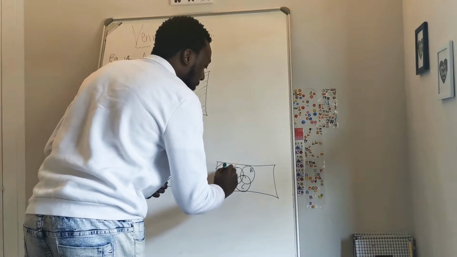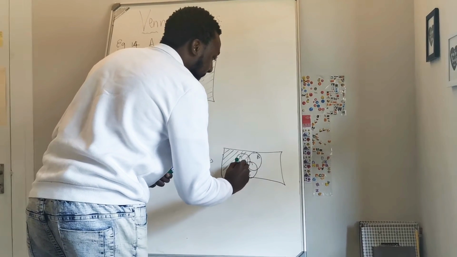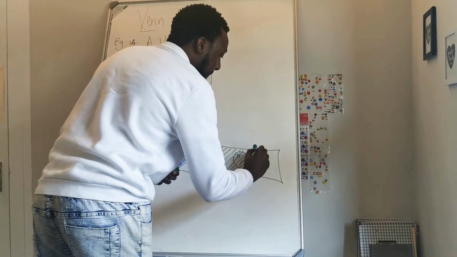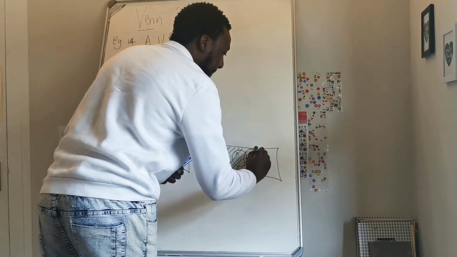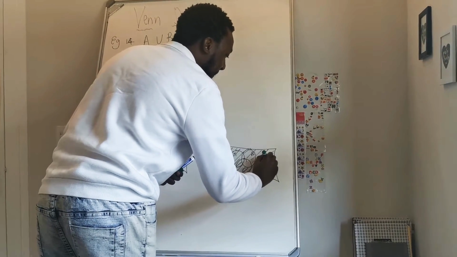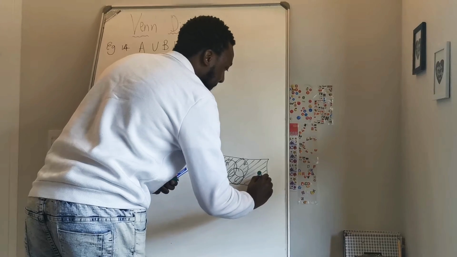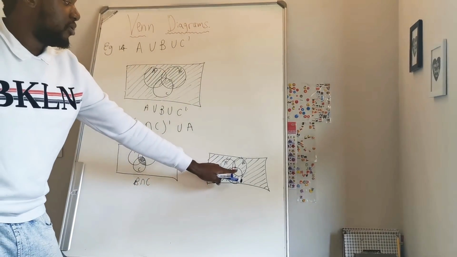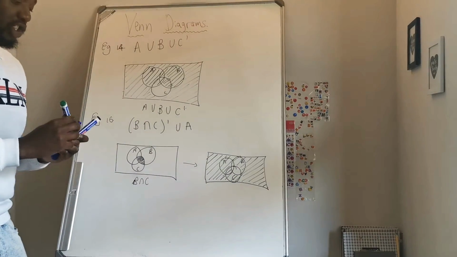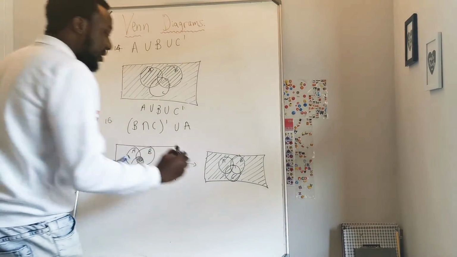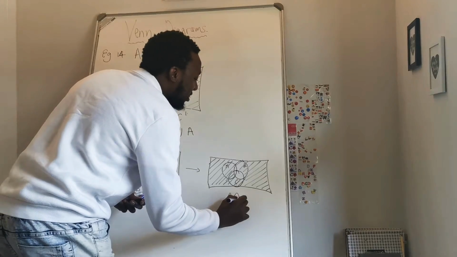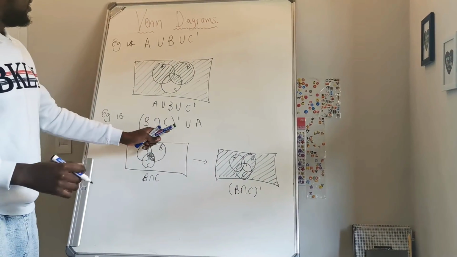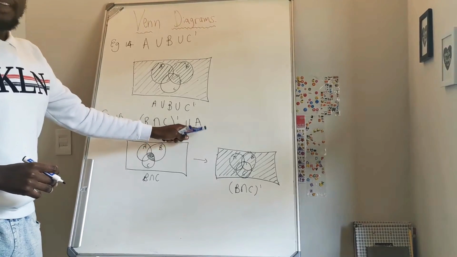That's all of this. There we go. If you notice, that's the only thing that's not shaded there. And so what is this? This is B intersecting C, but the complement of it, right? But remember, we still have the union of A there.